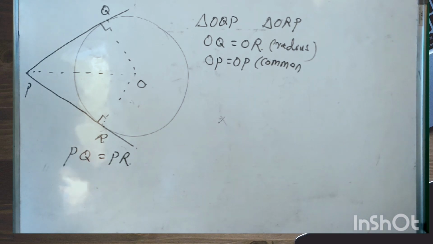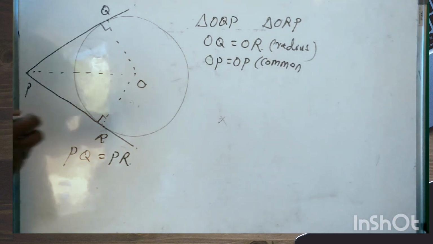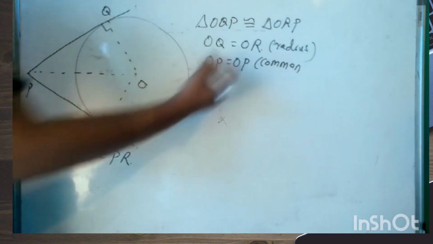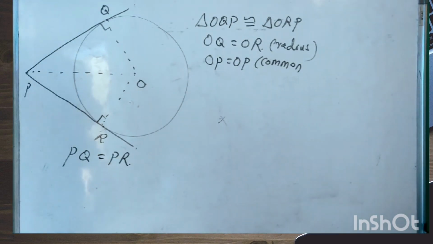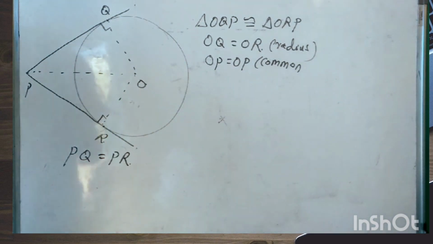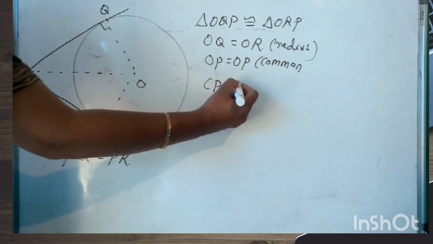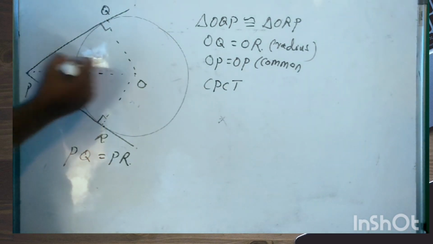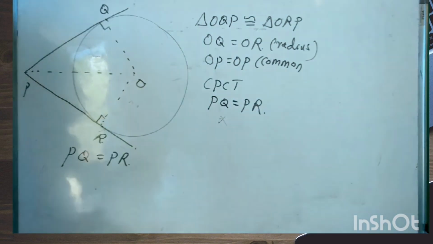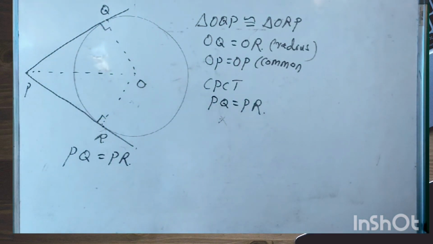Now, by using RHS, we can say that these two triangles are congruent. If these two triangles are congruent, then by using CPCT, we can say that PQ equal to PR.